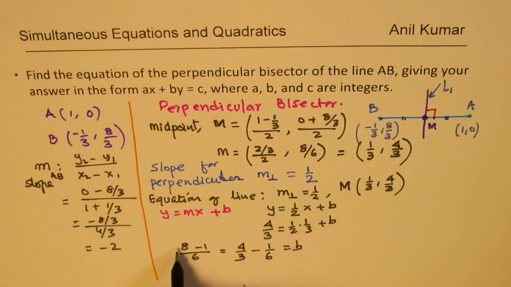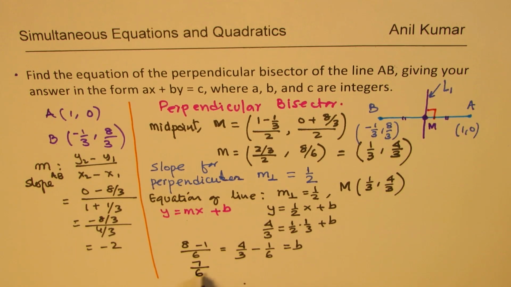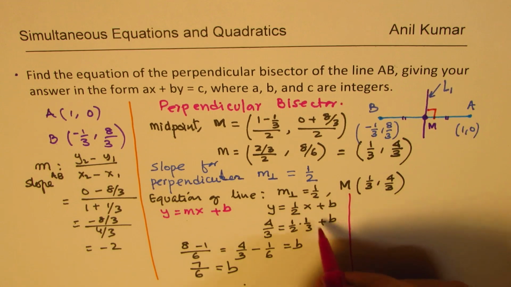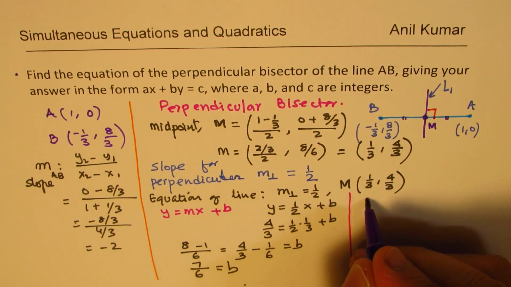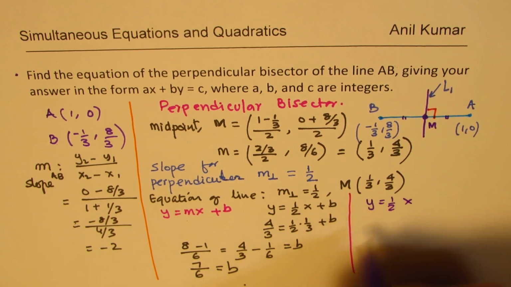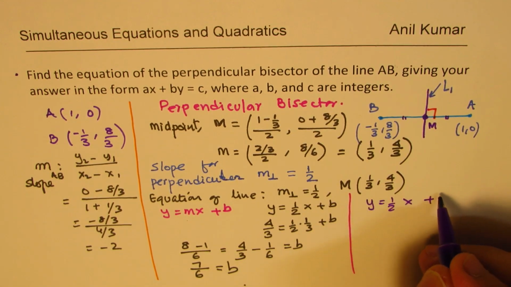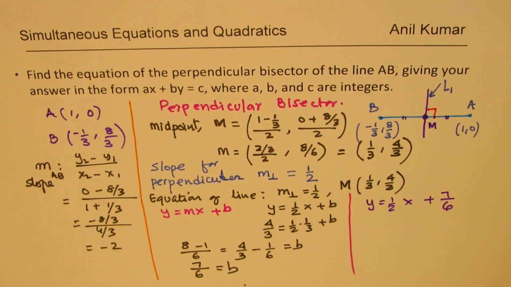The b, which we get is 8 minus 1 is 7 over 6. So that is b, right? So once you get the value of b, you can substitute here and get your equation. So now we get the equation as y equals to half of x, and this is plus 7 over 6.